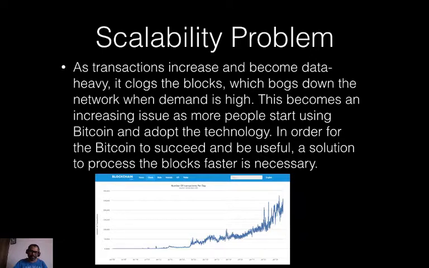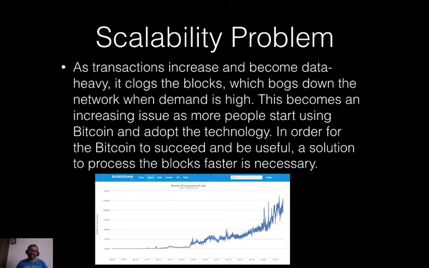Okay. Now let's go to scalability. Why and how is this happening? Since 2015, the adoption of the Bitcoin network has increased. There is an explosion of people now doing transactions on Bitcoin.